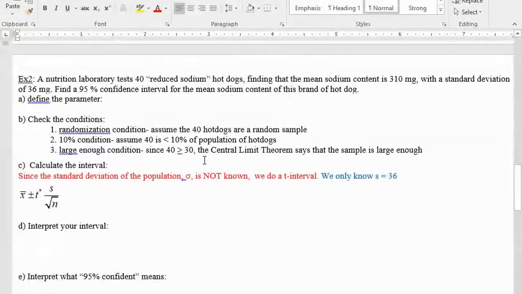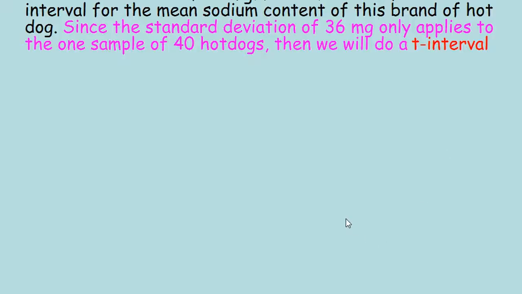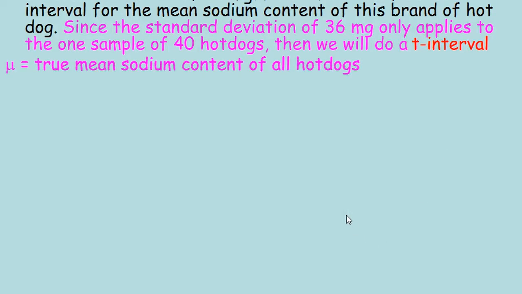Everything's going to be exactly the same except for the formula. Step 1, define the parameter. Either write it down or type it up on your Word document. The parameter is mu, the mean, equals the true mean sodium level in hot dogs.